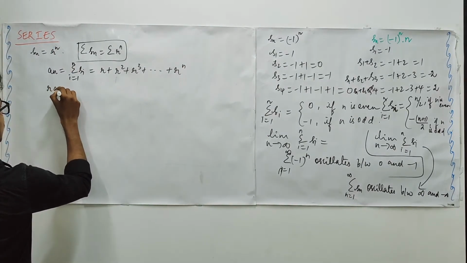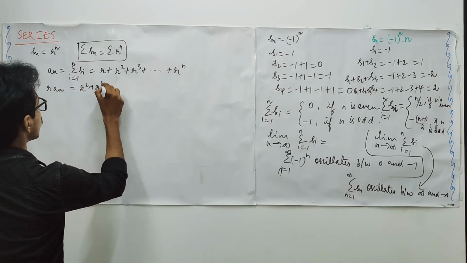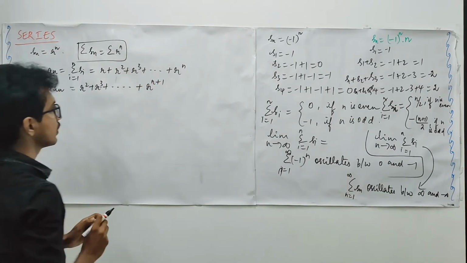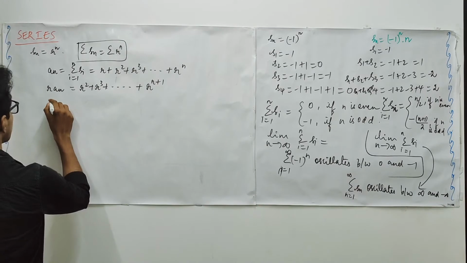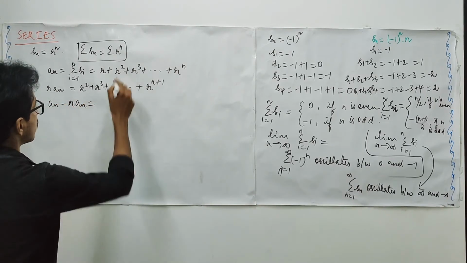Now let me write r times an. This is going to be r square, r cube, and it is going to be r power n plus 1. Then an minus r times an is going to give you what?